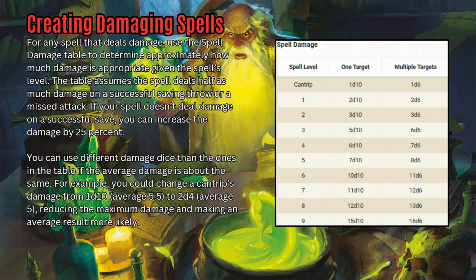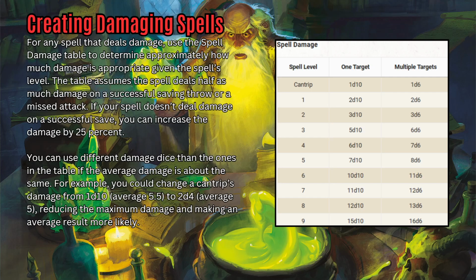Next, we need to look at some rules on how to create damaging spells. You can create utility spells willy-nilly and balance them based off of other utility spells that are in the game, but we need to talk about damaging spells real quick.